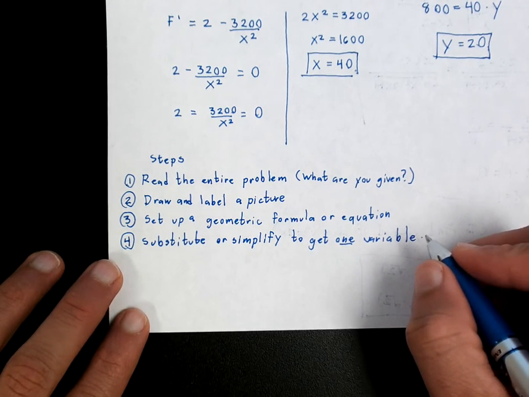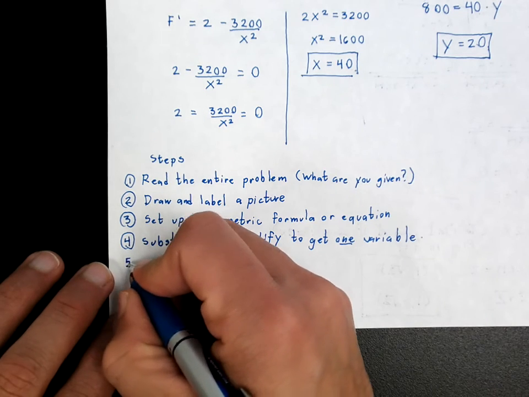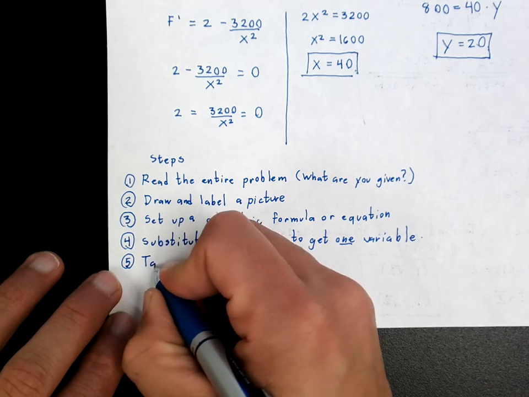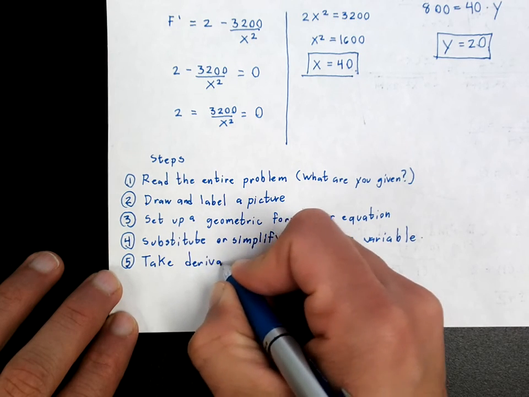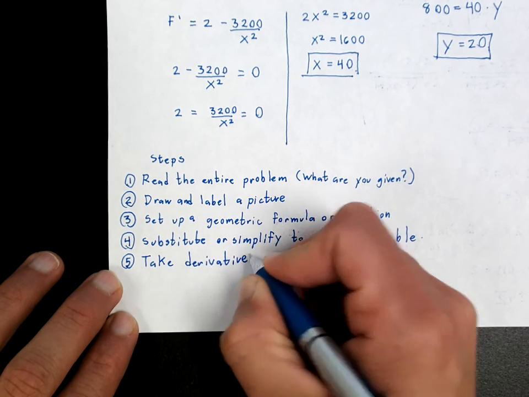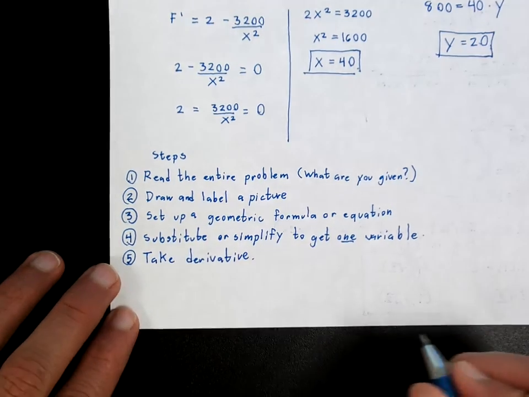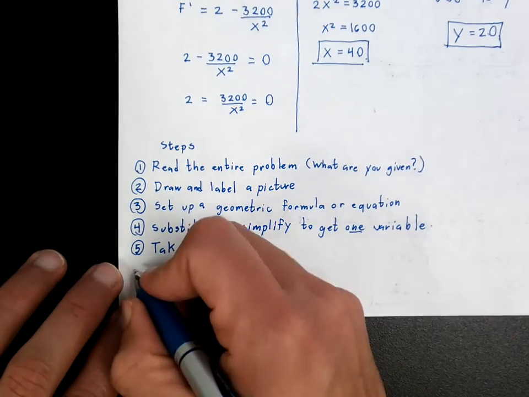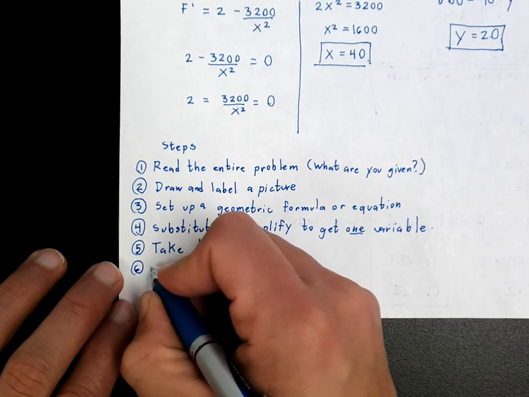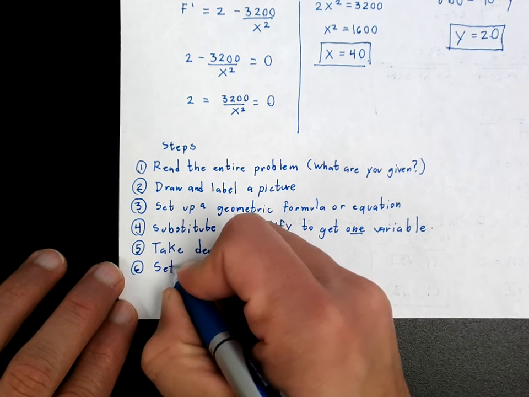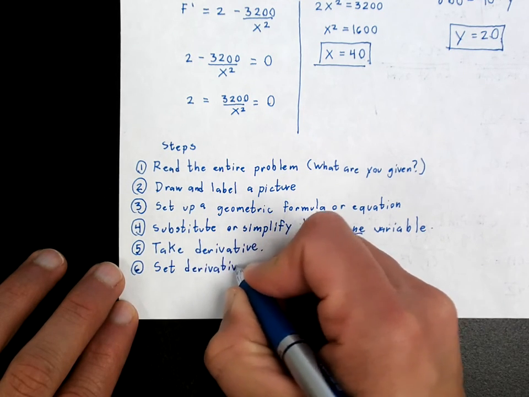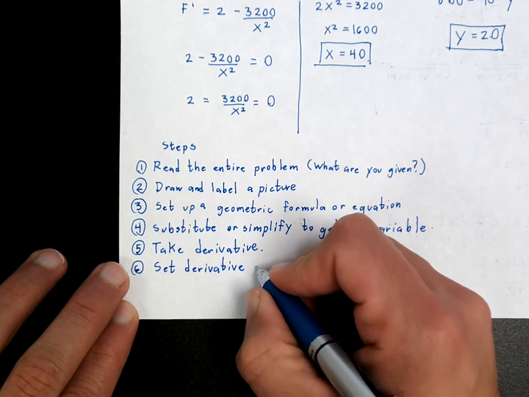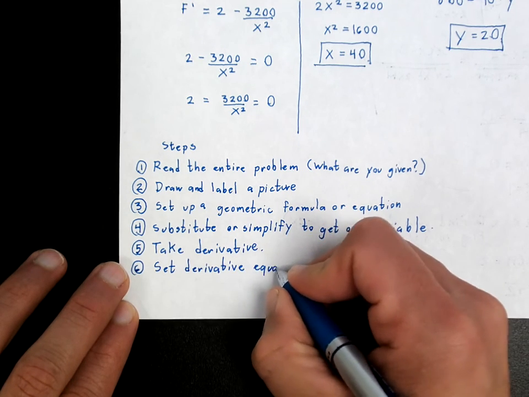And then you're going to take the derivative. Most importantly, you're going to take that derivative and then set it equal to 0. Because remember, when I set my derivative equal to 0, essentially what I'm looking for is my max or min, according to whatever problem I have.